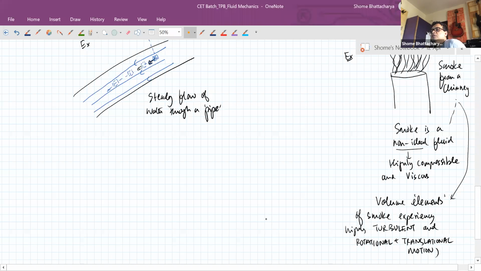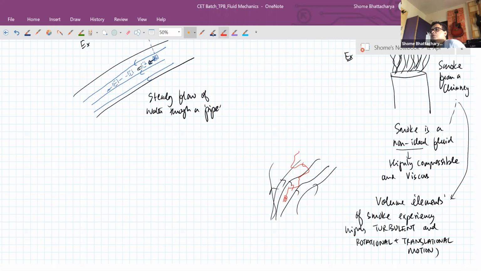So that means within the smoke column, if you track a certain volume of fluid or smoke, it will undergo an unpredictable zigzag kind of path. Okay. And while it is going through that zigzag path, it might experience collisions. So it will have a motion which is a combination of linear motion and rotational motion.